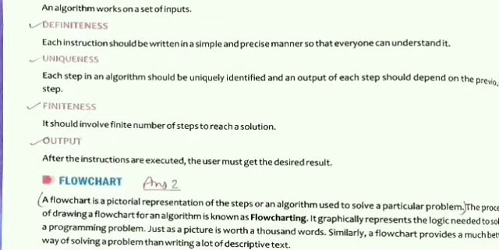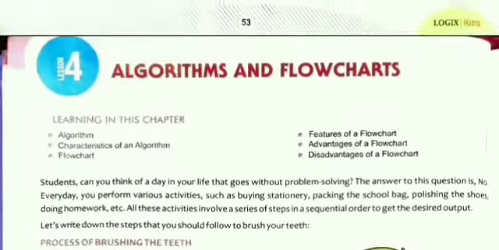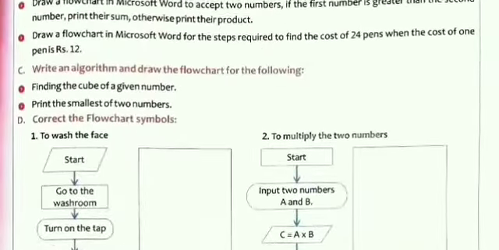Then uniqueness, each step in an algo should be uniquely identified, and an output of each step should depend on the previous step. Then finiteness, it should involve finite number of steps to reach a solution, and output, after the instructions are executed, the user must get the desired result. So you have to write all the points with the explanation. So this is all about your question number 1.